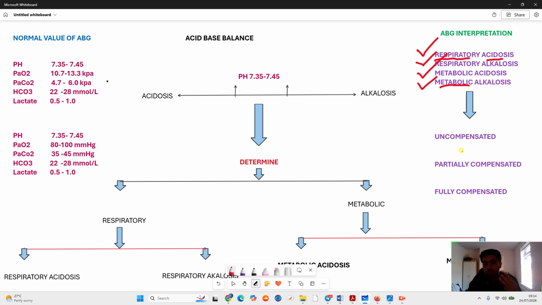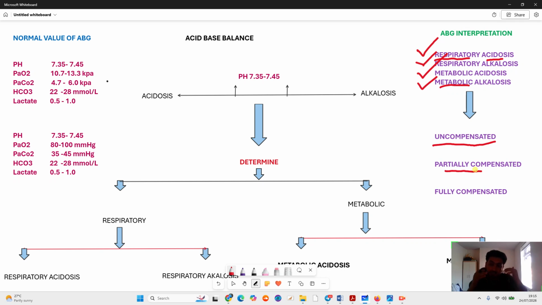that abnormal condition. So we call that condition compensated. And compensation can happen in three ways. Maybe the system does not compensate, they just leave it, and we call that uncompensated. Maybe the second system tries its best to compensate, but cannot compensate completely, so we call that partially compensated.